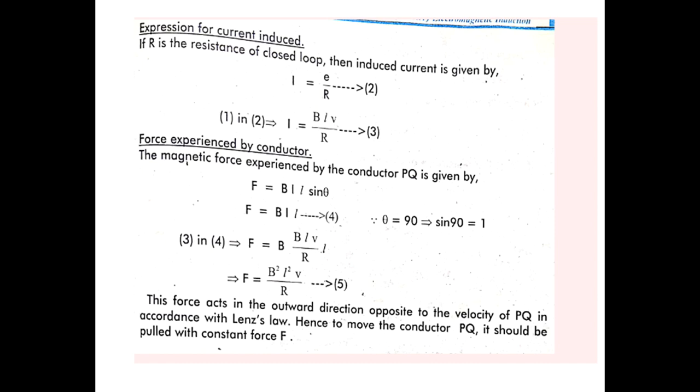This force acts in the outward direction, that is, opposite to the velocity of PQ, in accordance with Lenz's law. Hence, to move the conductor PQ, it should be pulled with a constant force F. According to Lenz's law, the effect always opposes the motion, the same as here.